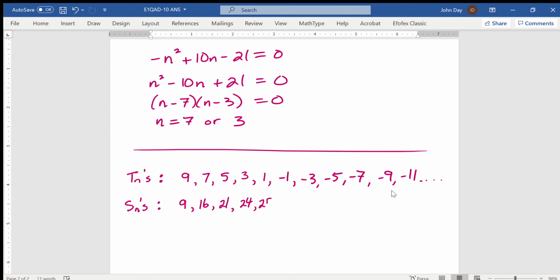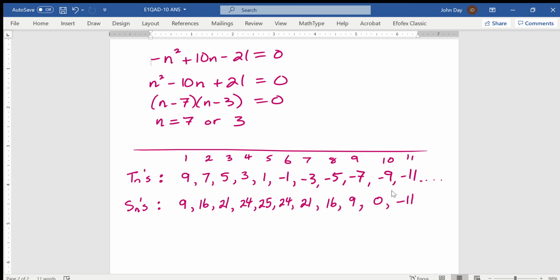Add on 1, 25. Add on minus 1, 24. Add on minus 3, 21. Add on minus 5, 16. Add on minus 7, 9. Add on minus 9, 0. And add on minus 11. Now the question said up to which terms, when you're adding it up, and this is the first, second, third, fourth, fifth, sixth, seventh, eighth, ninth, 10th, 11th.